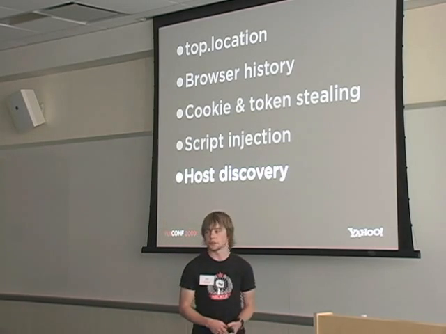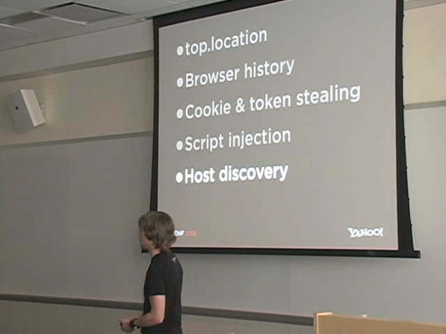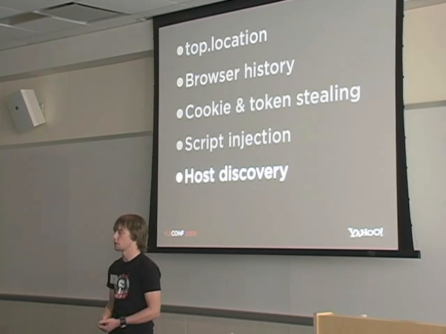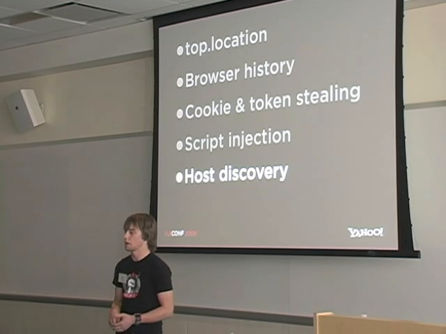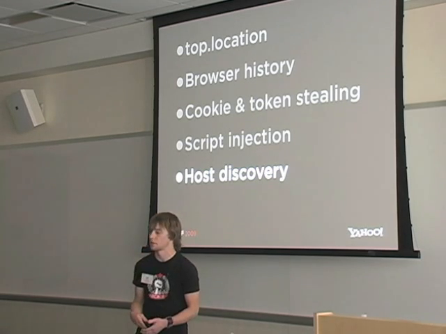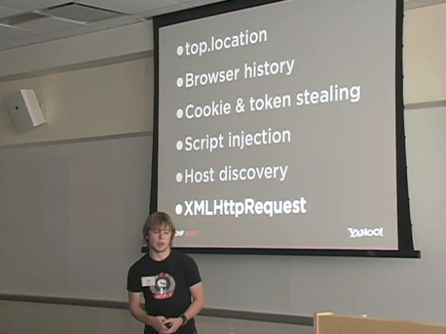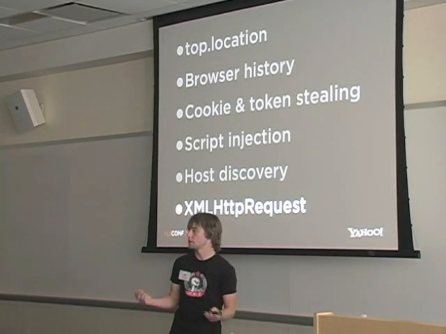Another problem is host discovery. If you include an iframe on your page to something that would only resolve on a LAN, like, say, the hostname printer, you can determine, if you're clever enough, whether a user is coming from a certain network environment or a certain place, if you know enough about the network. And another thing is XHRs.